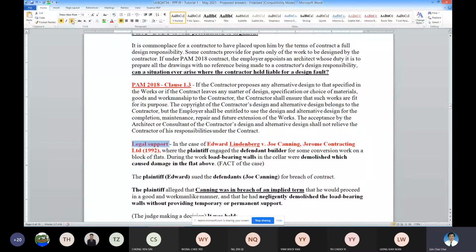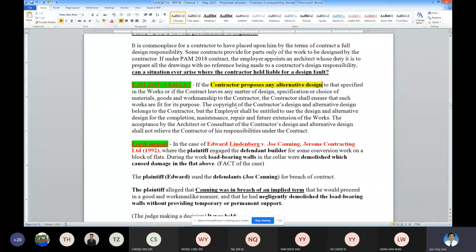I repeat, generally you use your statute or your condition of contract to support your argument. So one way of supporting your argument is this: if the contractor proposes an alternate design, then the contractor is going to be liable. If the contractor didn't propose any alternate design, the contractor is not going to be liable.